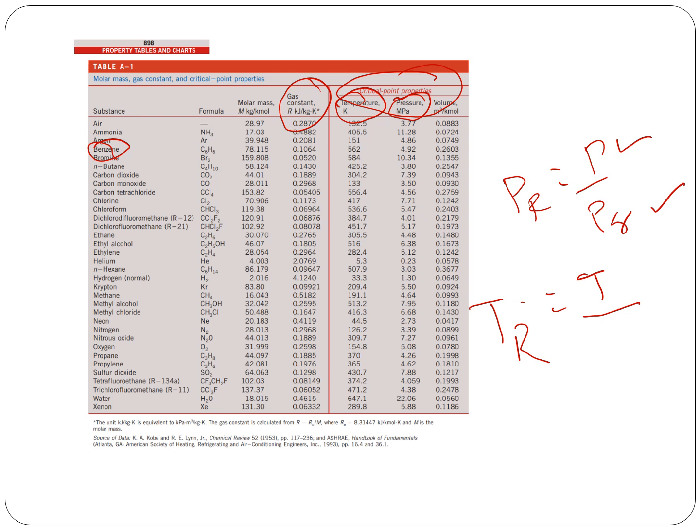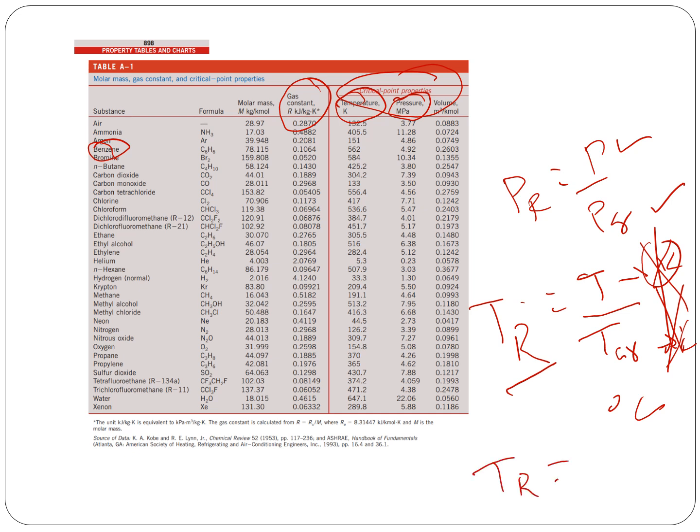If you are using SI units, both temperatures have to be in Kelvin, no Celsius. Even though it seems like Celsius and Celsius cancel out, that is absolutely wrong. If you are using US customary units, both temperatures have to be in Rankine.